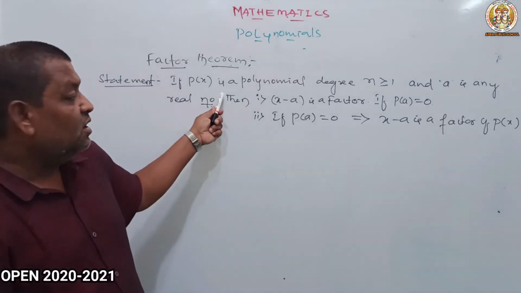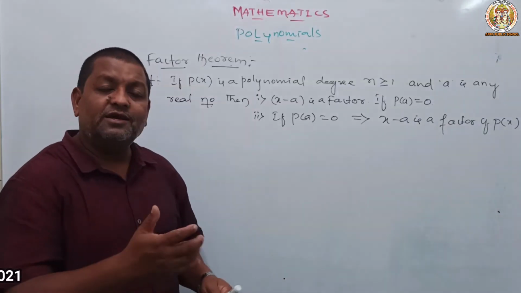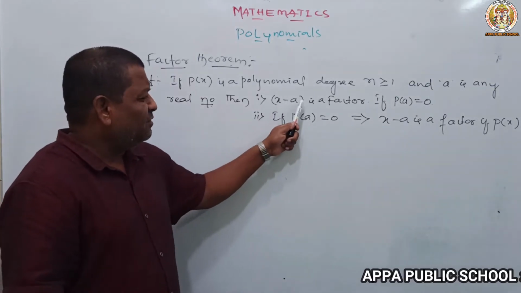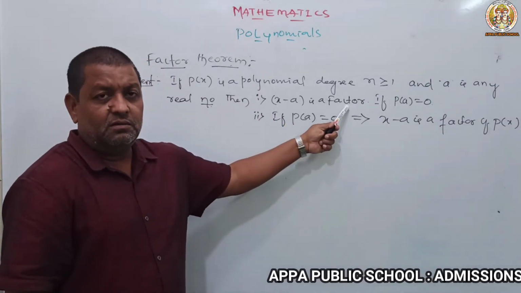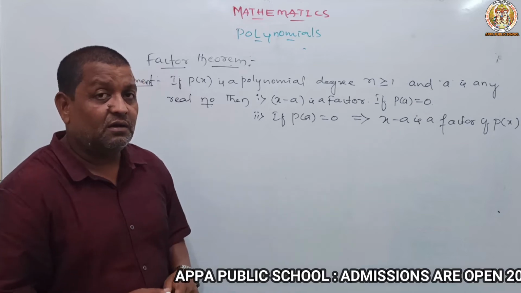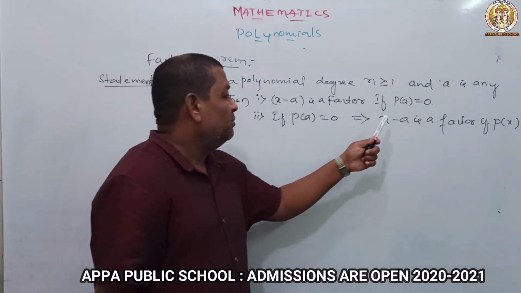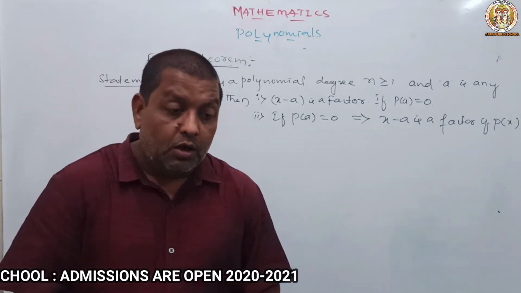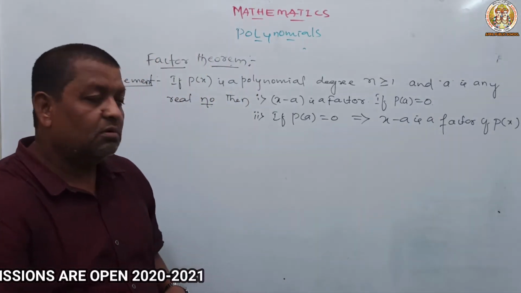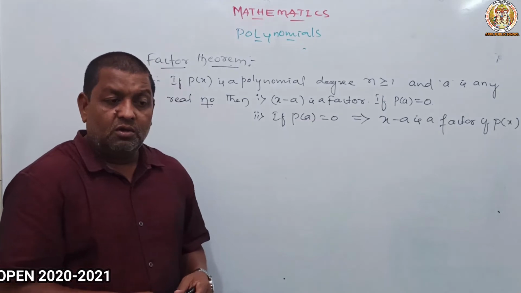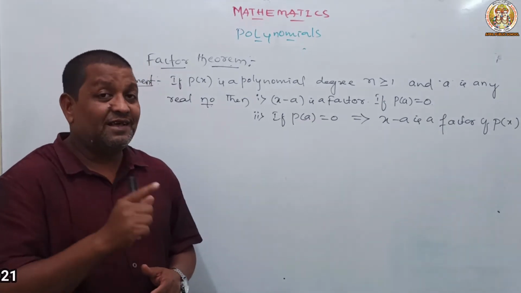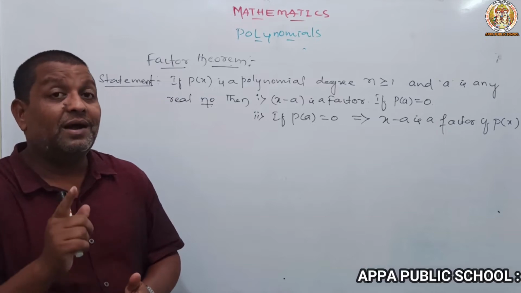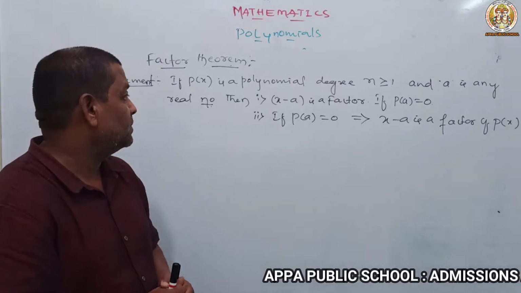Then here two things we are going to observe. X minus a is a factor. When is it a factor? If p of a is equal to 0. Just like I told before in the example, we say 6 is a factor of 30 when the remainder is 0.